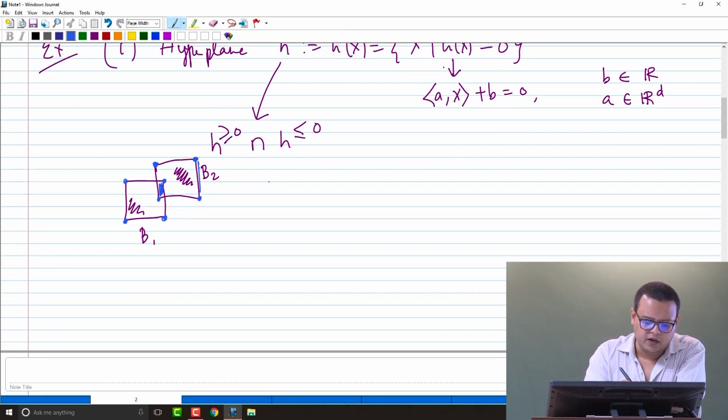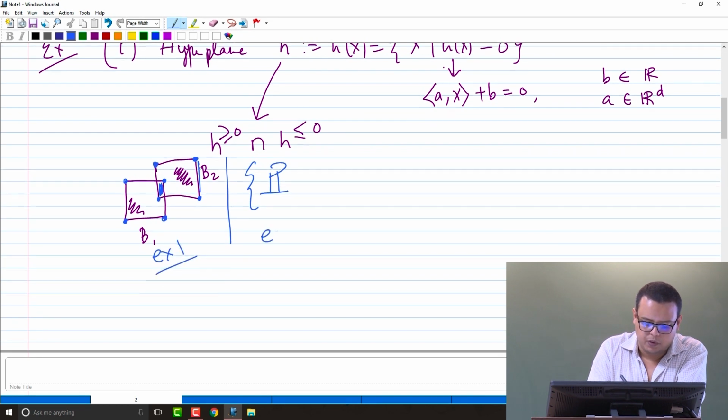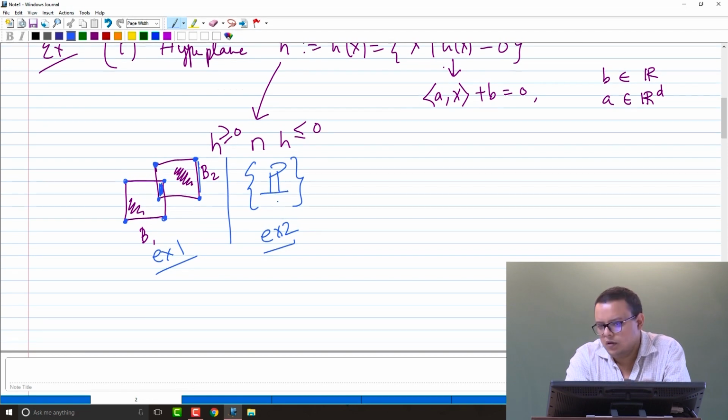So let us say a polyhedron itself, just one polyhedron. My set includes just one. So this is one example, let us look at example 2. I have just one polyhedron, and let us say it has faces. Is this collection a cell complex?